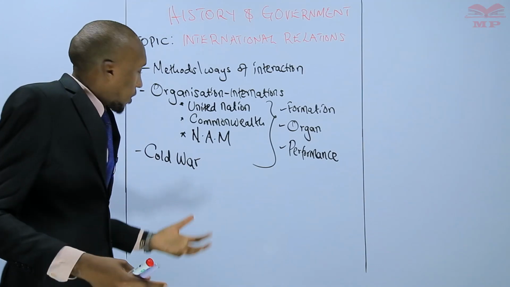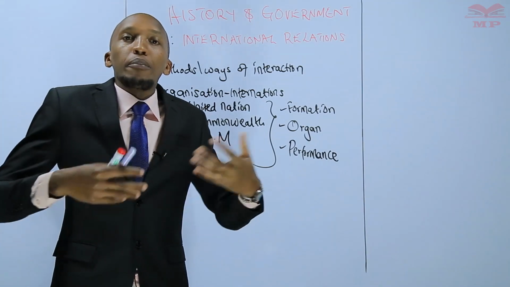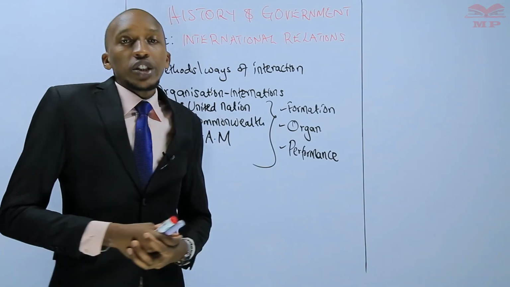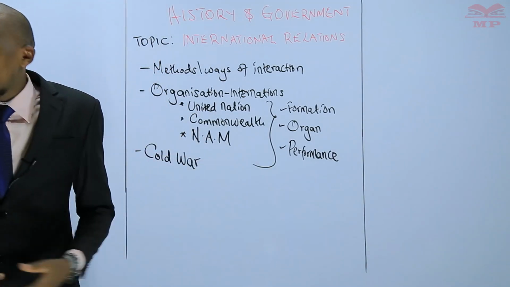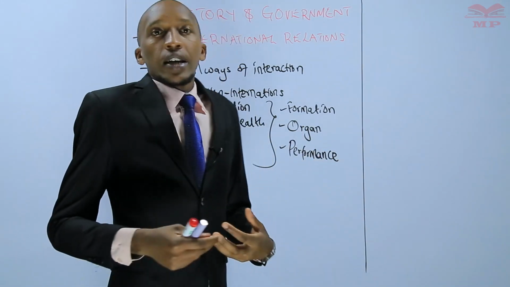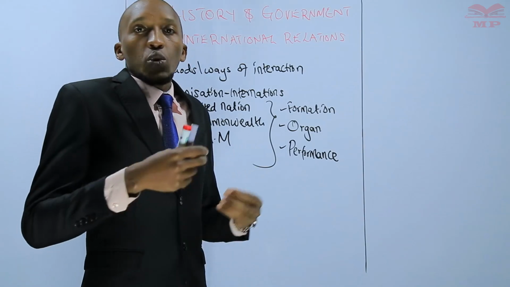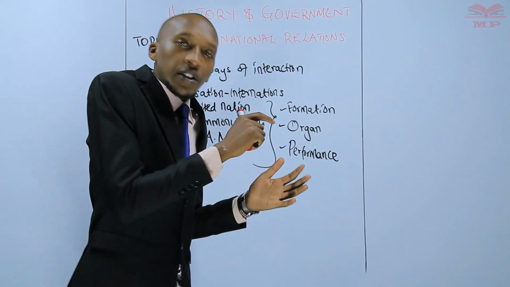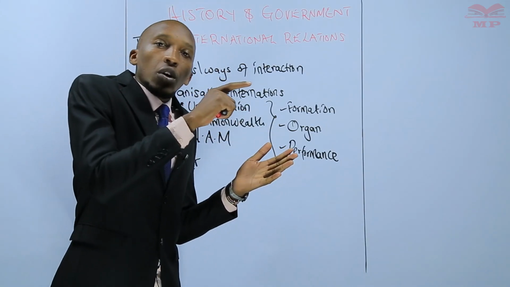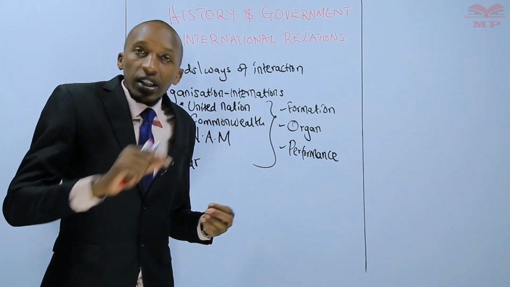So, to start us off, my dear learner, let us start by looking at the methods in which countries interacted, or countries interact in the world we are living in today, and especially with reference from the time of the Second World War, when the Second World War ended, until now.